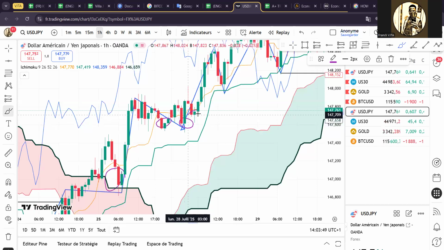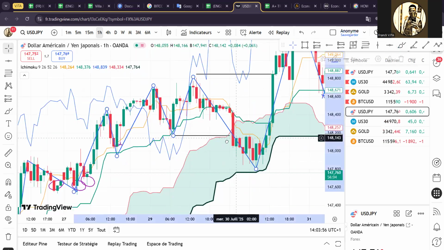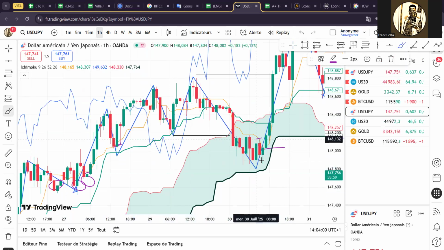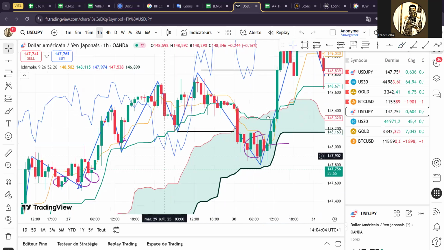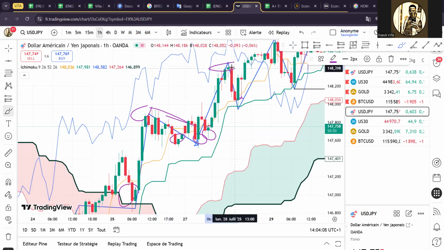Even between Kijun and SSB. Those are the best buys. But everything that's out in thin air, those are the sells. Even the price is saying that.